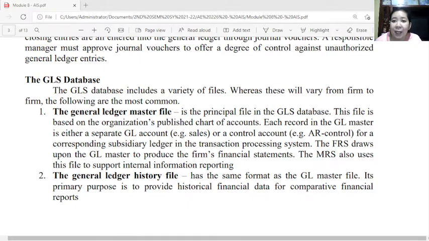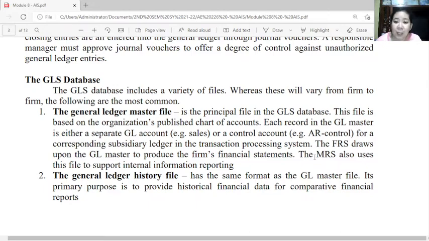In the financial reporting system, we draw the information from the General Ledger Master File to produce the financial statements. As mentioned earlier, this is our input in the financial reporting system. The management reporting system, on the other hand, also uses this file to support internal information reporting purposes.